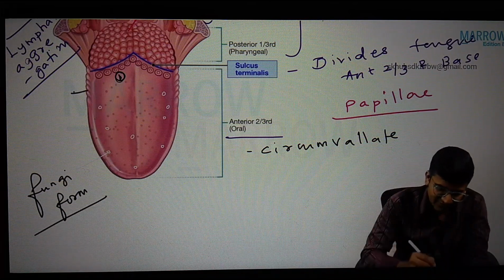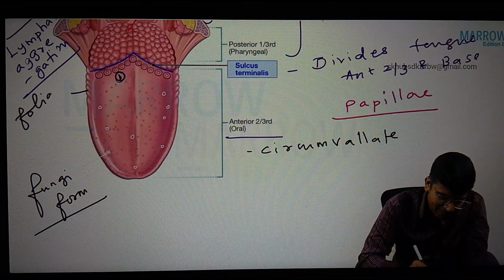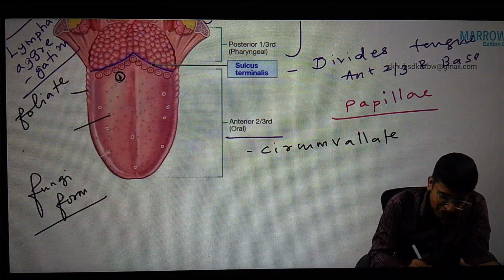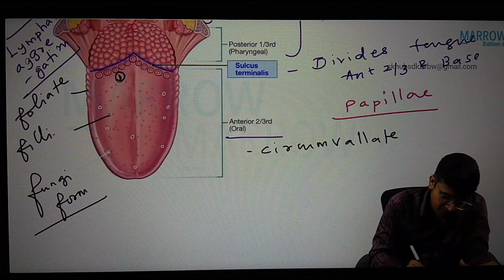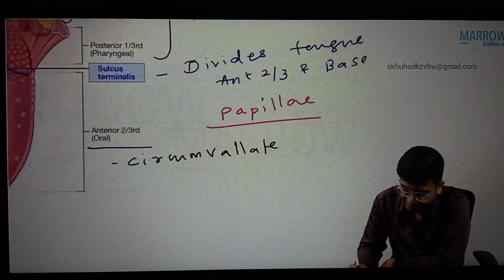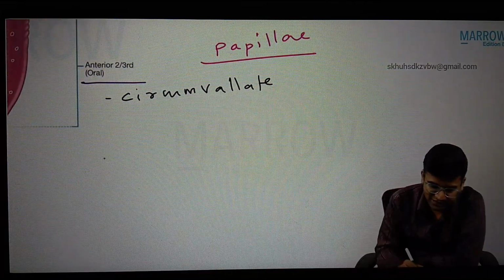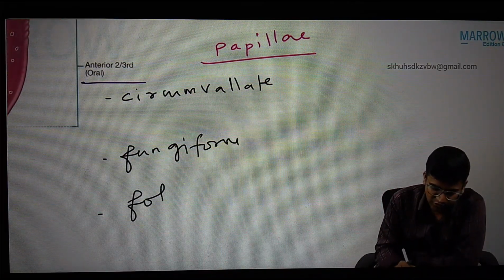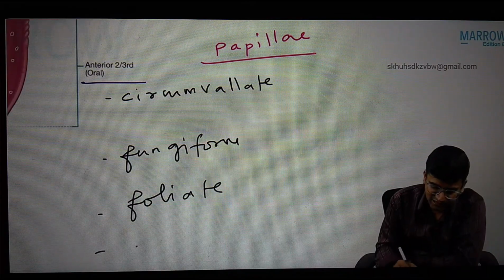And in the margins of the tongue, we have foliate papilla. And we also have numerous filiform papilla. So we have four papillas. We're going to write circumvallate, fungiform, foliate, and filiform.